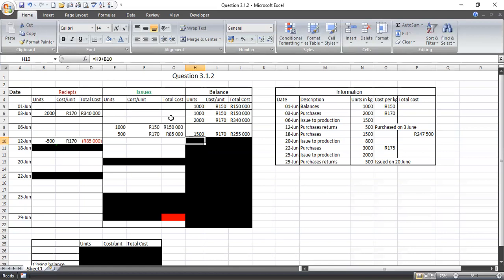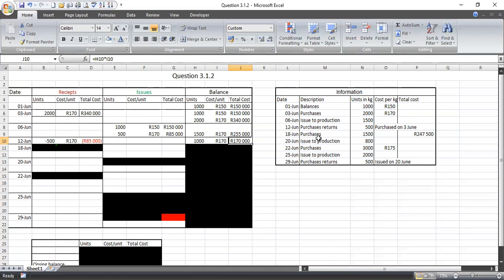So our units will now be 1,000. How did we get this? We said 1,500 units minus the 500 units that were returned to the supplier, at a cost of 170 rand and at a total cost of 170,000. So now that we have calculated our balance, we can move over to our next transaction, which is on the 18th.